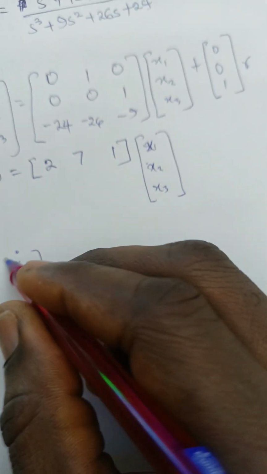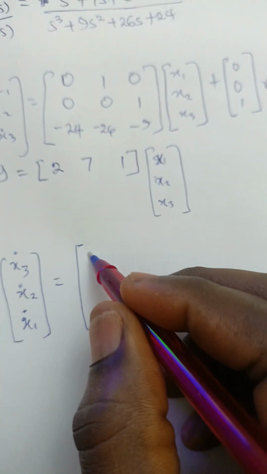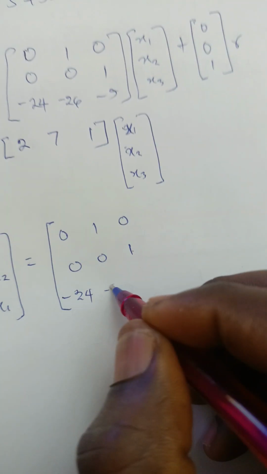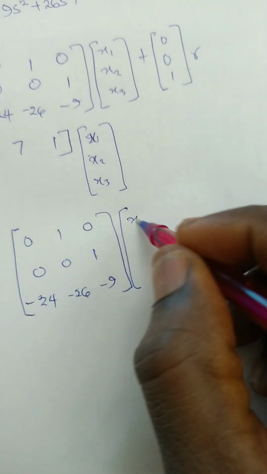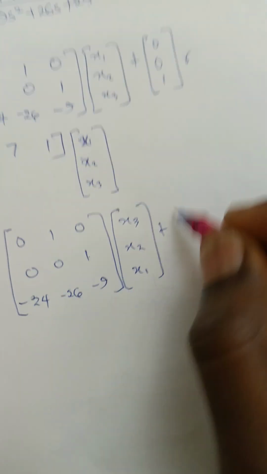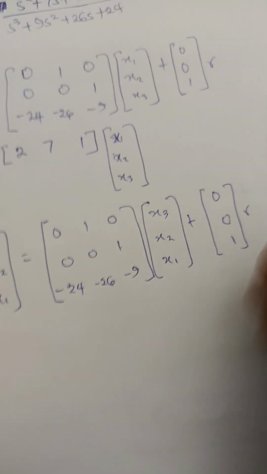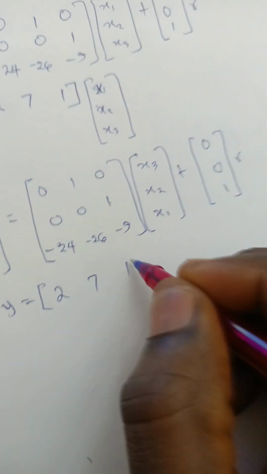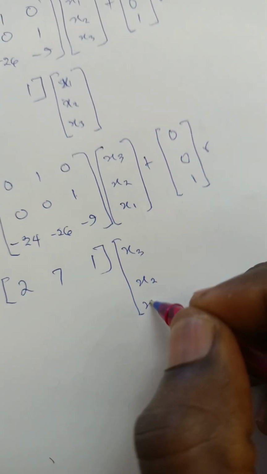So we leave this one as it is: 0, 1, 0, 0, 0, 1, minus 24, minus 26, minus 9, and then this is going to be x3, x2, x1. Any matrix entry there, we just leave it as it is. Then y, which is 2, 7, 1, we reverse this one: x3, x2, x1.